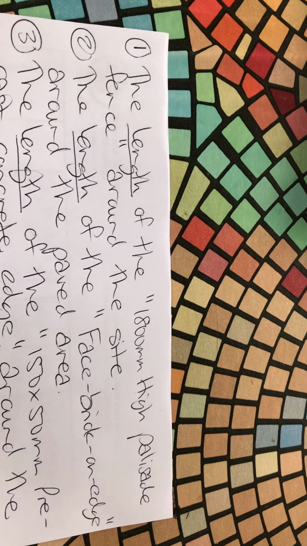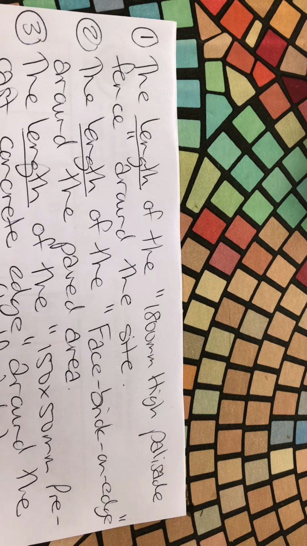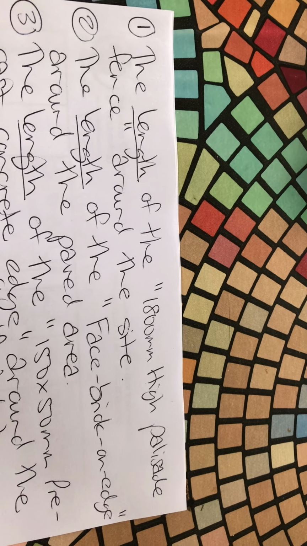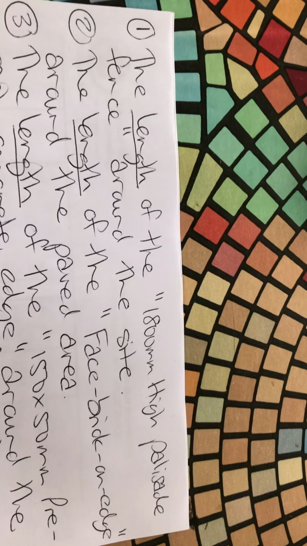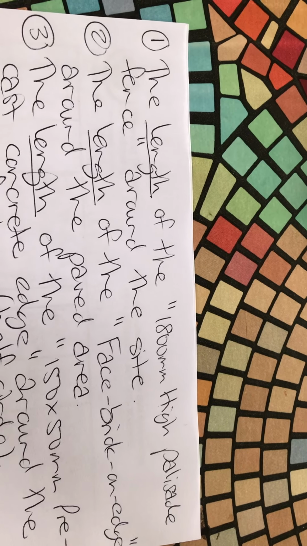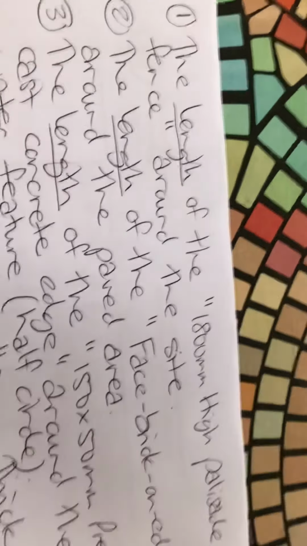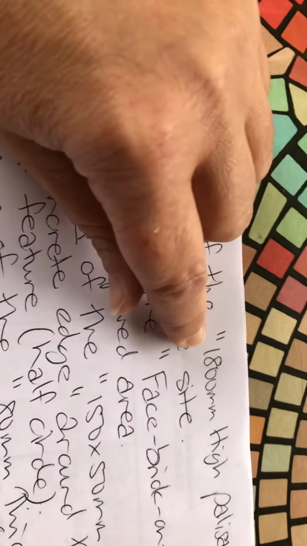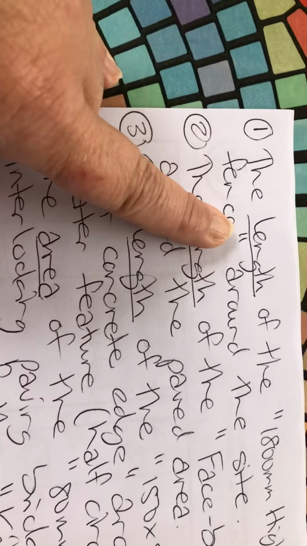Question 1 says we want to determine the length of the 1,800 millimeter high palisade fence around the site. Now we're also going to start working with word pictures. The part of this question that's in the inverted commas is the word picture for this question's answer.